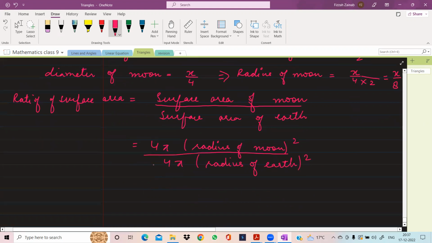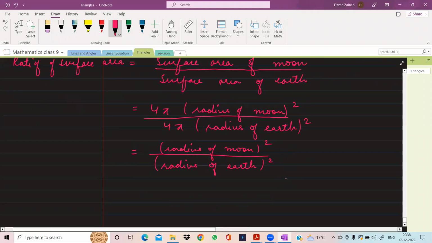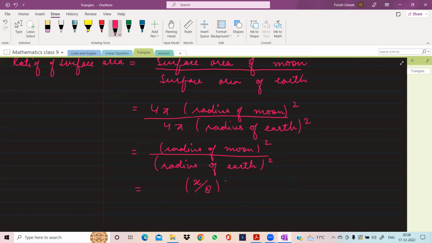So now 4 pi will get cancelled out. So it is only radius of moon square divided by radius of earth whole square, right? 4 pi cancel out. So radius of moon is x by 8 and radius of earth is x by 2. So x by 8 whole square divided by x by 2 whole square, right?